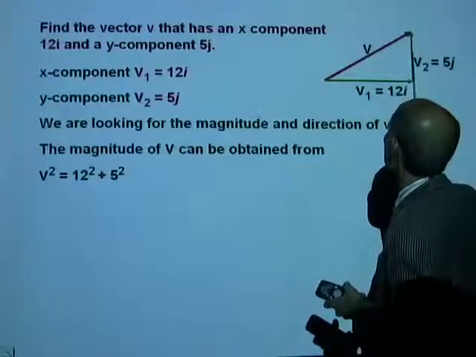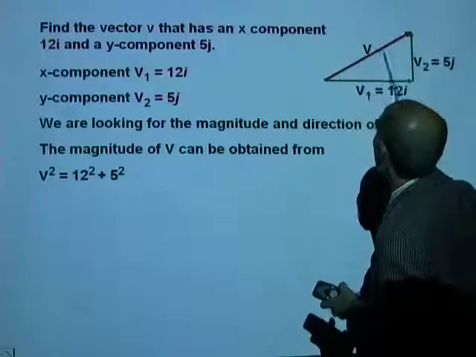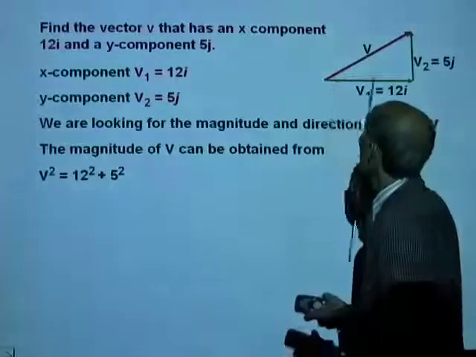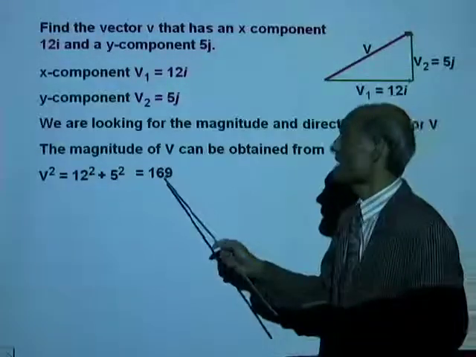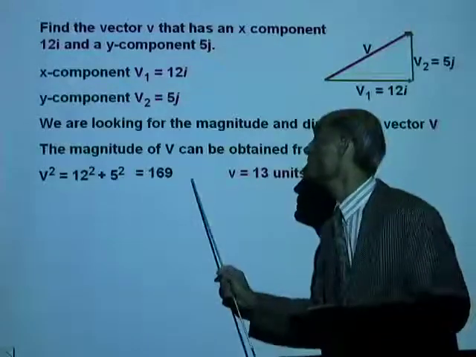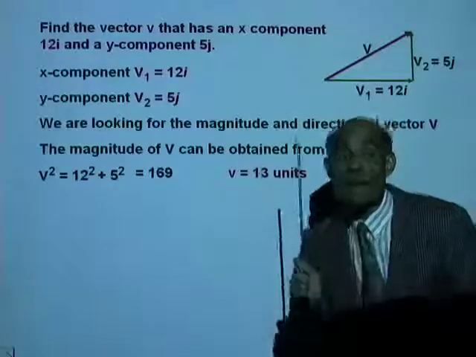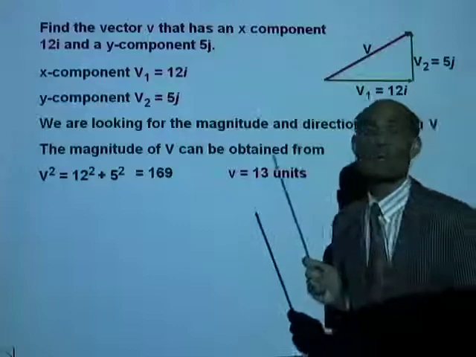The length of the second leg is 5. So the square of the length of the hypotenuse, we call v squared, equals 12 squared plus 5 squared, and that is 169. Therefore v equals 13 units. This is the magnitude of the resultant vector v.